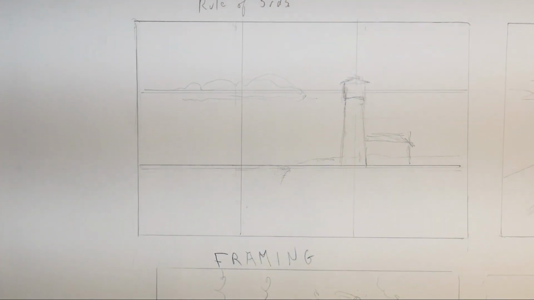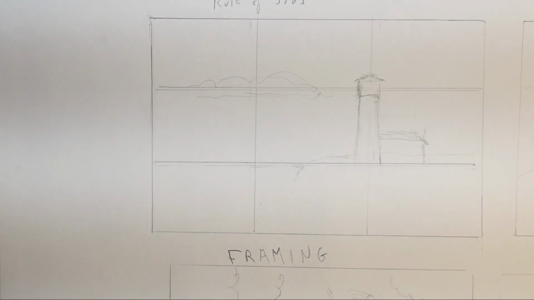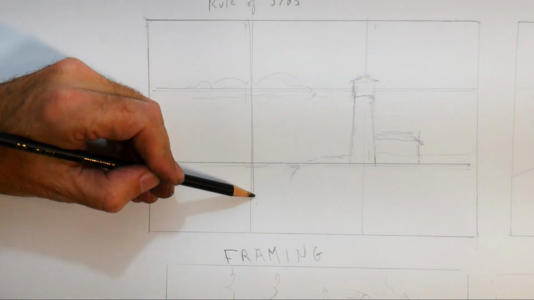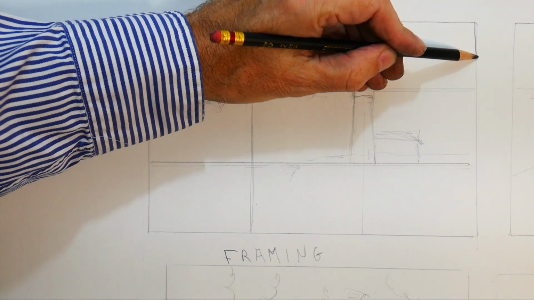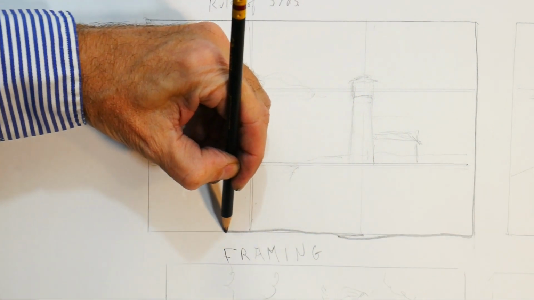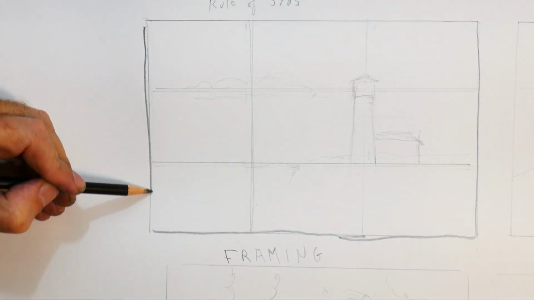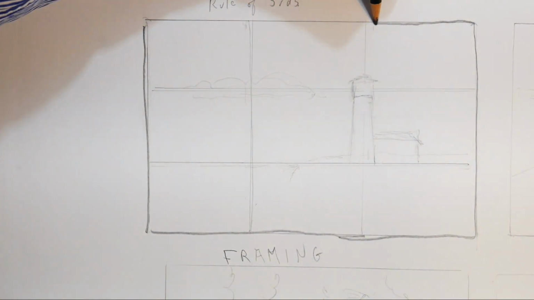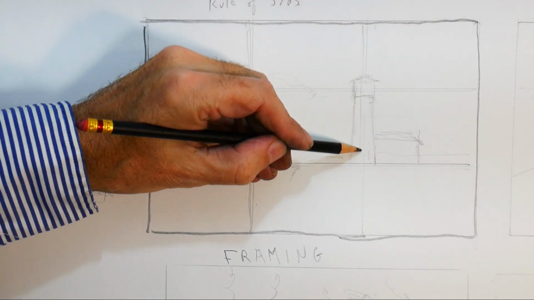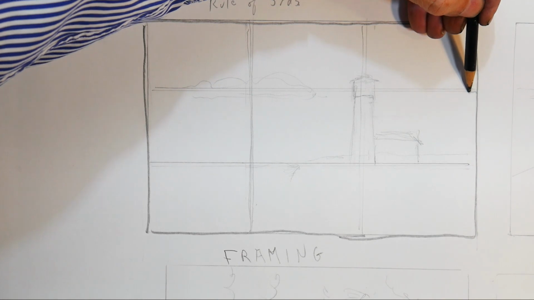So we see it's kind of like the French flag here. This is our frame, and then this is our French flag here. And then we also chop it in thirds this way.